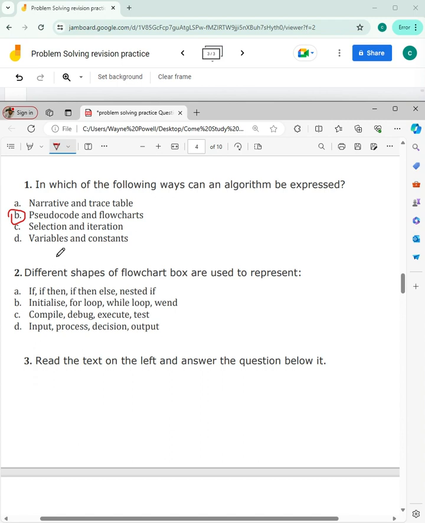We have the decision box, the output, input, and processing. So we look at this. Is it representing if then else? No. Initialize for loop? No. Compile debug? No. So the answer is D.